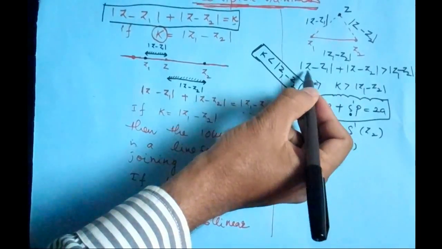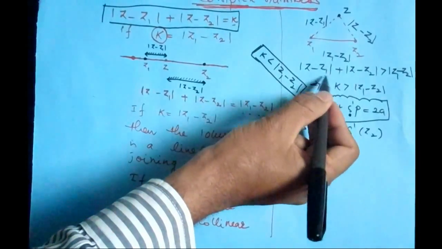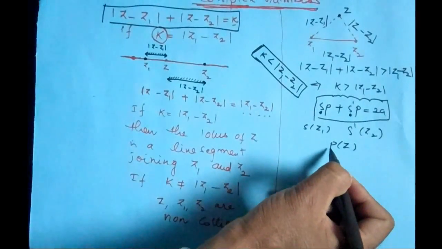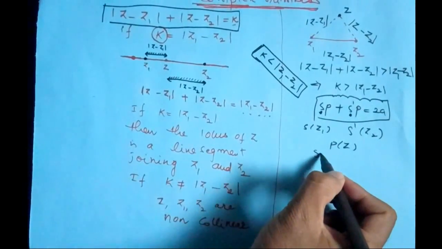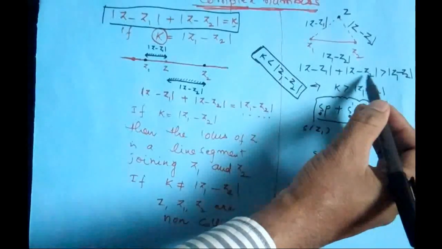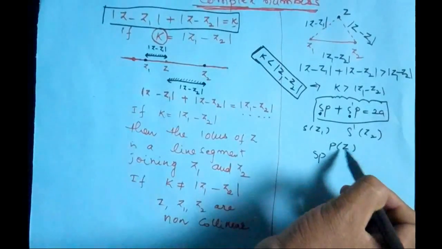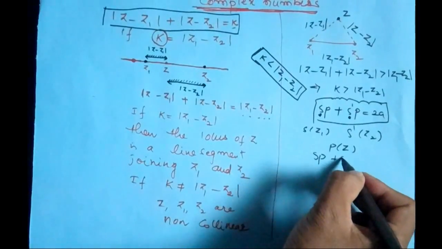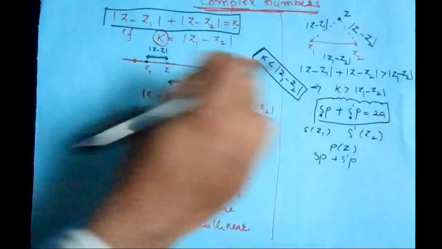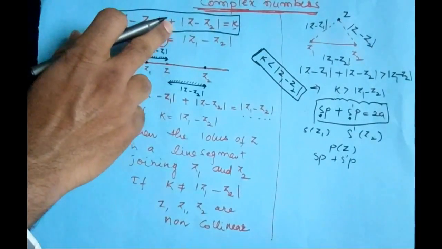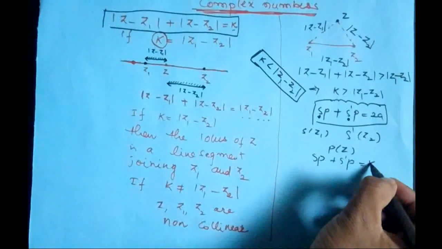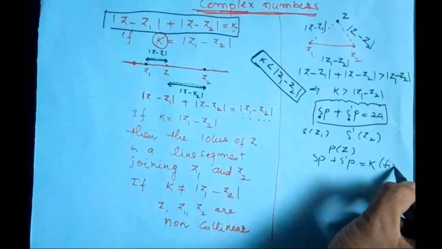Modulus of z minus z1 is nothing but the distance between S and P, so it becomes SP. Modulus of z minus z2 is the distance between z and z2, that becomes S'P. And the property is modulus of z minus z1 plus modulus of z minus z2 equals k, where k is a fixed value.